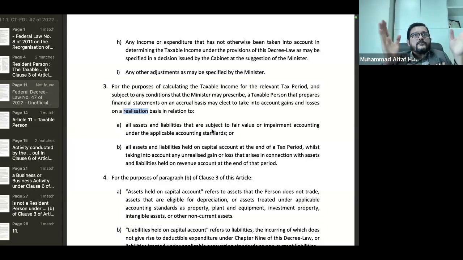When you talk about investment property, they have a fair value model, which is the default model, and it runs through the current year's profit and loss. So if you're marking to market the investment property to fair value, and all of that is hitting your profit and loss account, you could consider doing it on realization basis. Why? Because it will defer the cash flow. You're getting my point.